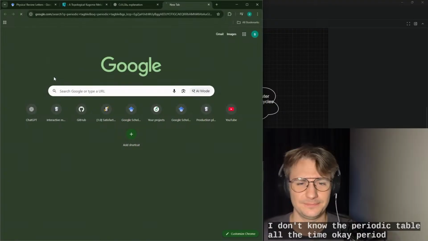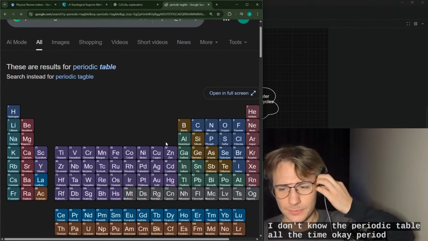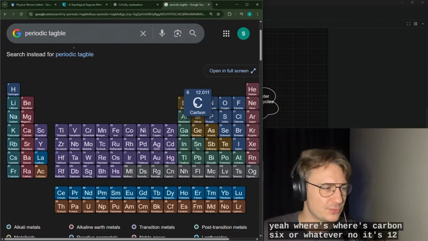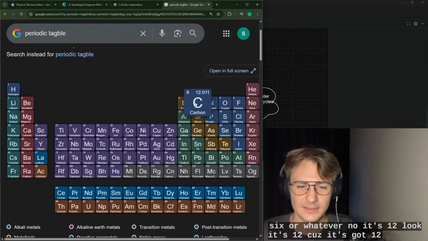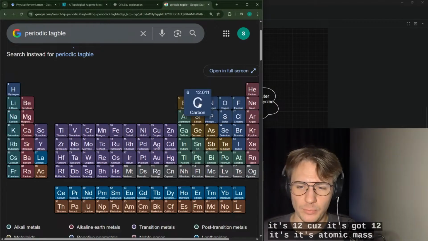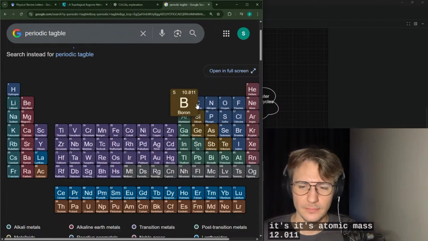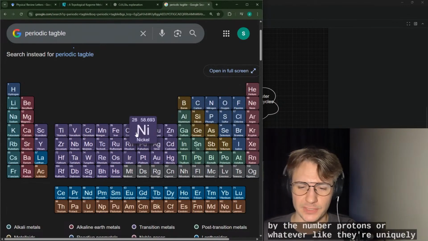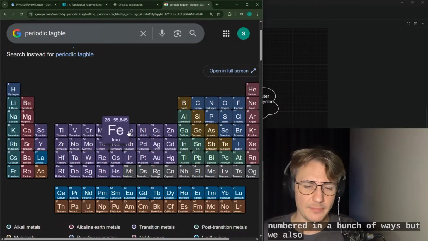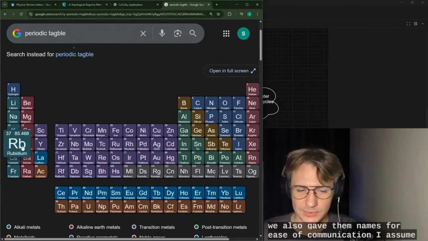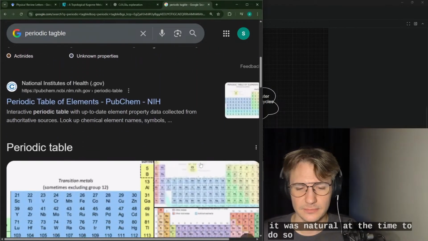Where's carbon? 6 or whatever? No, it's 12. It's its atomic mass, 12.011. I guess we could call it by the number of protons, but we also gave them names for ease of communication, I assume. It was natural at the time to do so.